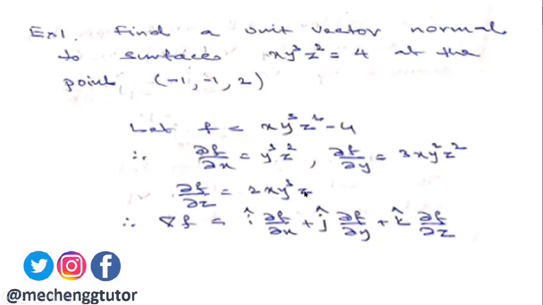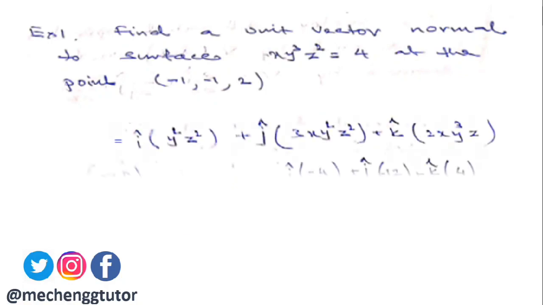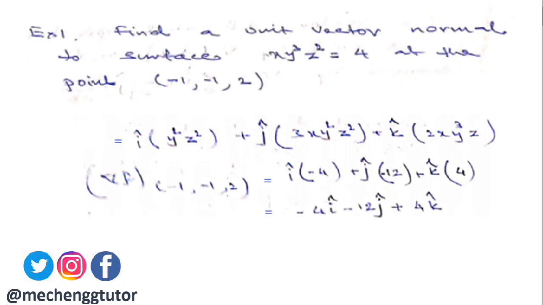Next step is to substitute these values in del f. For that I have written the formula for del f. Del f is the gradient. So del f is equal to i into dou f by dou x plus j into dou f upon dou y plus k into dou f upon dou z. That gives i into y square z square plus j into 3x y square z square plus k into 2x y square z.